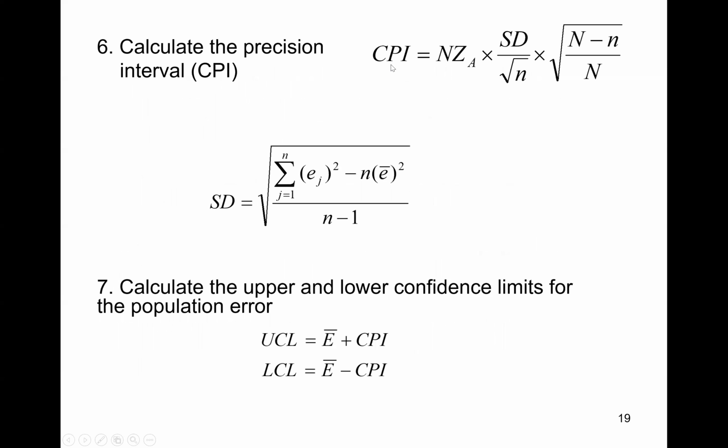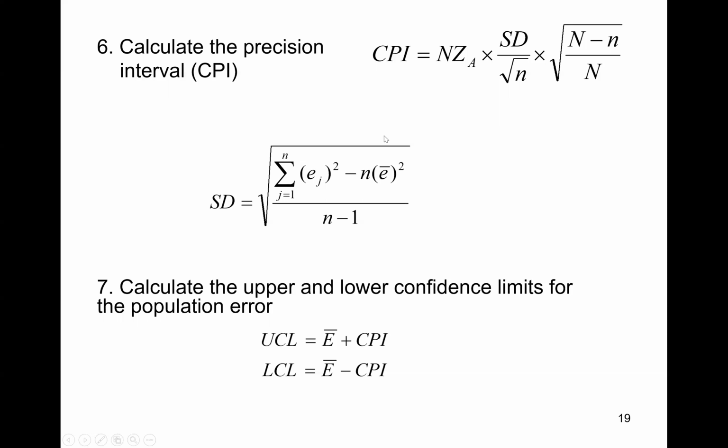The computed precision interval is equal to the population size times Z alpha, this is your Z corresponding to the type 2 risk, the risk of incorrect acceptance, multiplied by the standard deviation in your sample, divided by the square root of your sample size, multiplied by the square root of capital N minus n, this is the population size minus the sample size, divided by the population size. Again, I'm not going to derive this formula, but it is basically a formula that is used to calculate sampling risk.